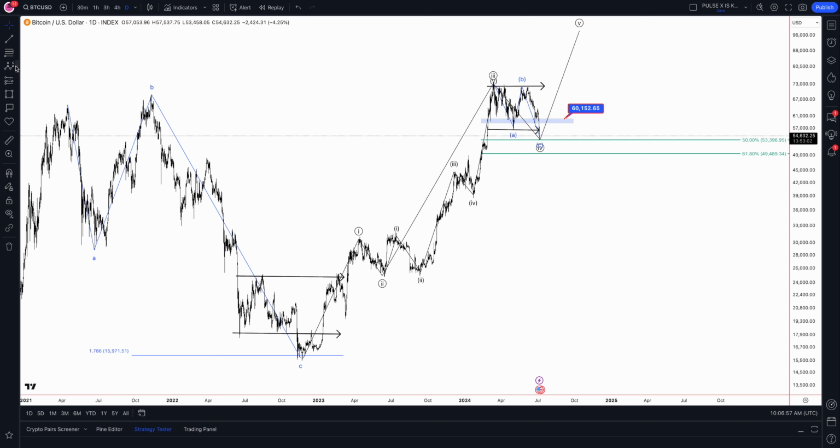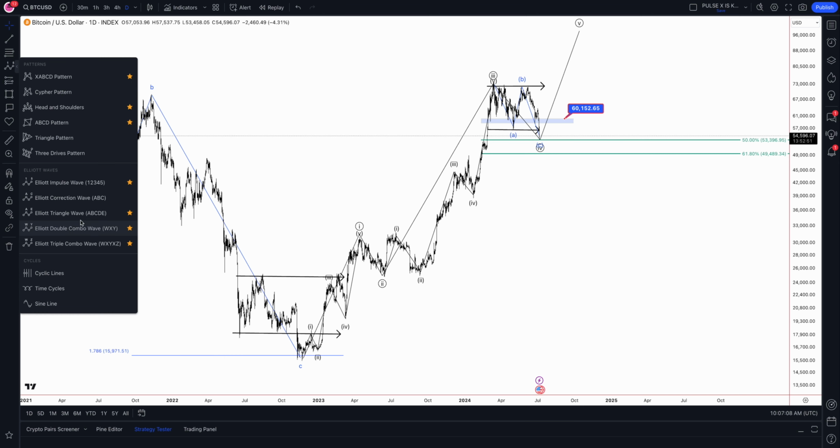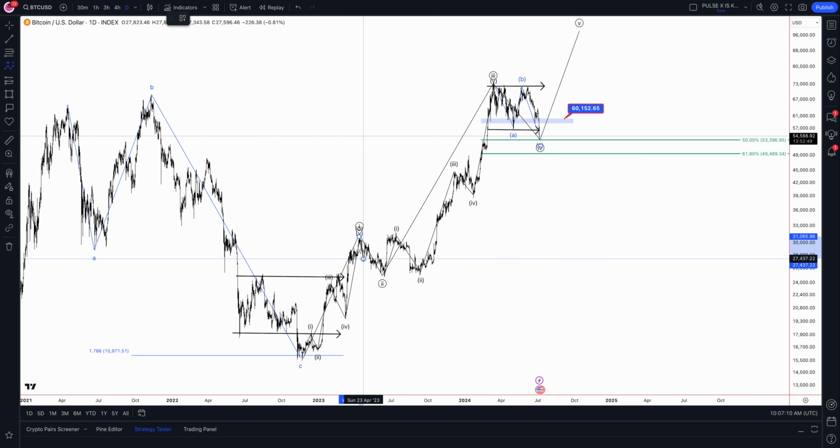And then this over here would be your subwaves for your 1st wave. This over here would be your WXY. See your WXY over here.